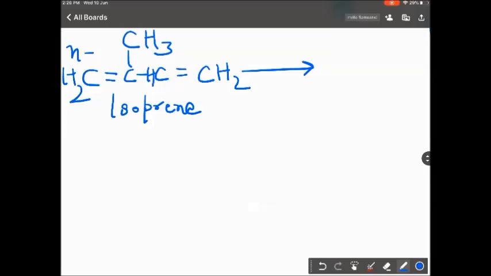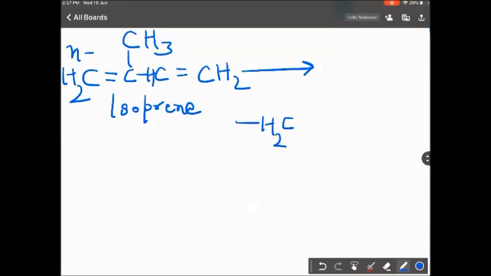Now when the polymer is formed, one can think of the shifting of the bonds. This bond will shift here and this bond will combine with the next butadiene molecule, and similarly this CH2 will combine with the butadiene on this side. So we can write the polymeric structure as CH2.